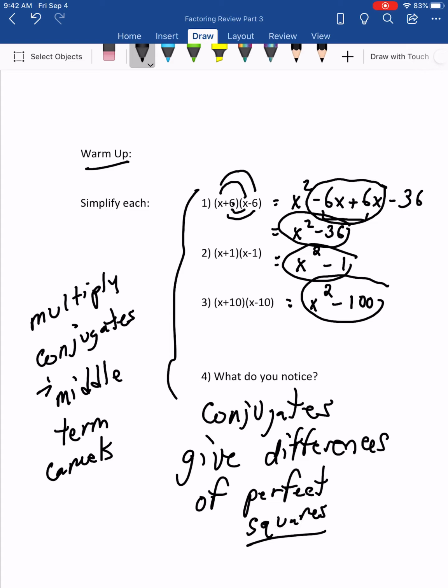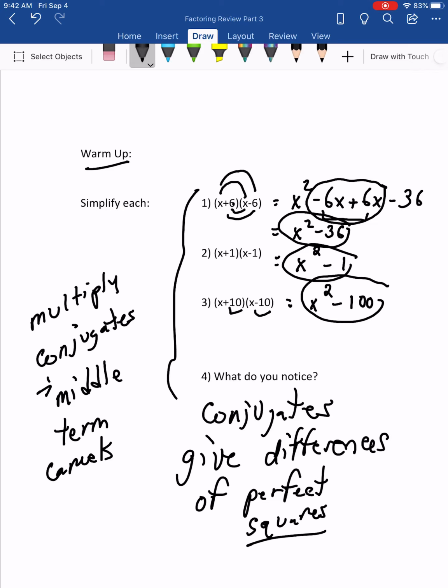Okay, and you probably came up with something more in your own words, all right? Probably didn't know what a conjugate is, but all a conjugate is, is a number and its opposite, like positive 10, negative 10, positive 6, negative 6, etc. So when we multiply those together, we get a difference of perfect squares.